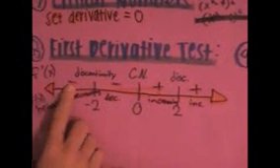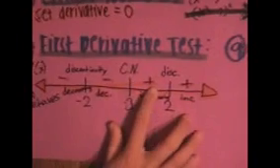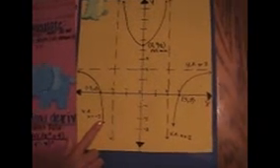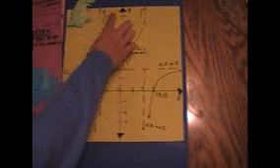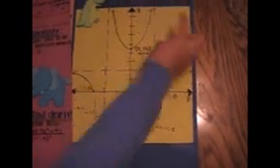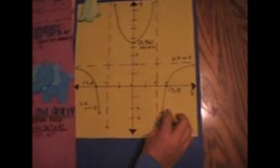If it's negative, the original function will be decreasing, and if it's positive, it will be increasing. You can see over here that it's decreasing from negative infinity to negative 2, decreasing from negative 2 to 0, increasing from 0 to 2, and increasing from 2 to infinity.